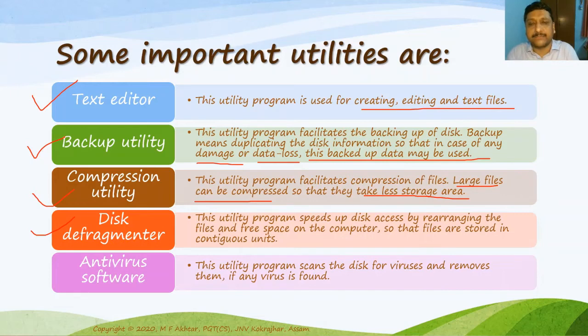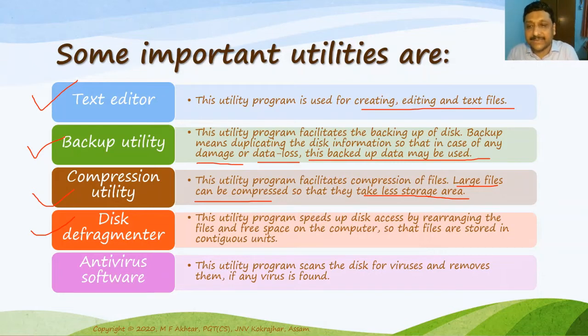Why does it become slow? Because the files are scattered in the disk, and to read the file it has to go to each and every location and read the file, and it takes time, so the computer becomes slower.